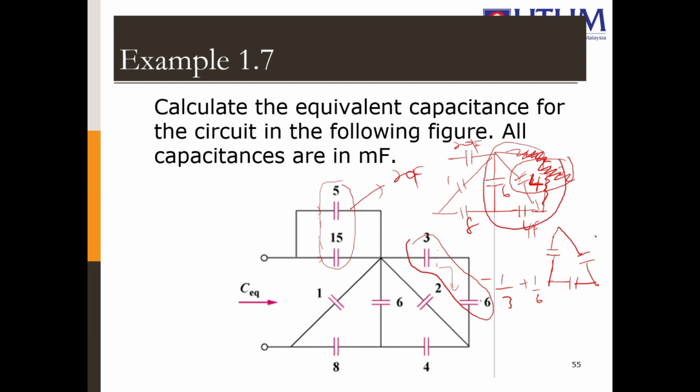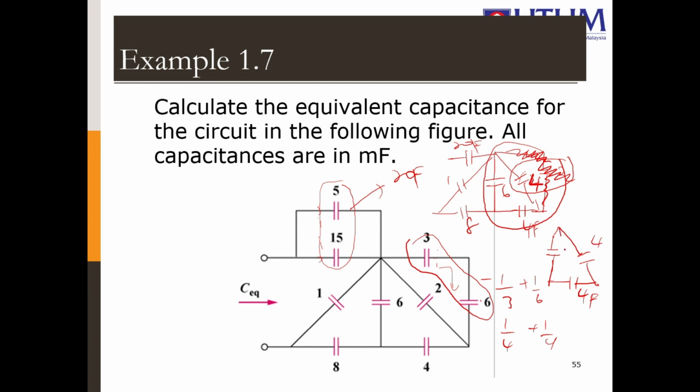So you can see that your 4 farad and this 4 farad are actually in series. For a series circuit, you can calculate the equivalent capacitance using 1/4 plus 1/4. From here you get 4 times 4 divided by 8, so you get another 2. So another 2 over here.